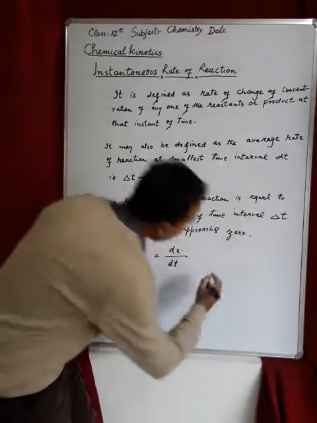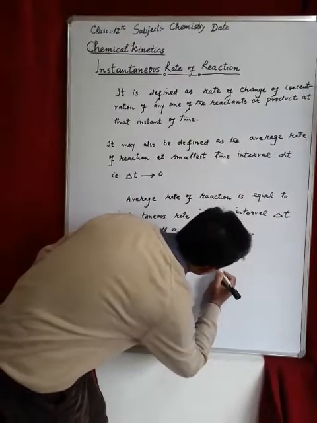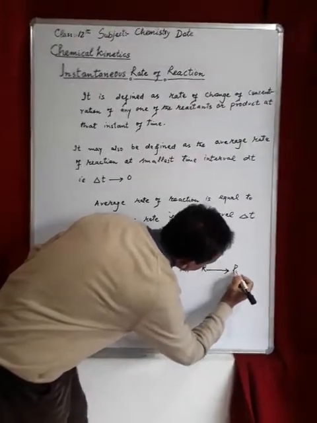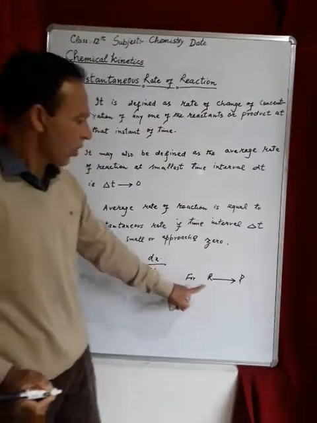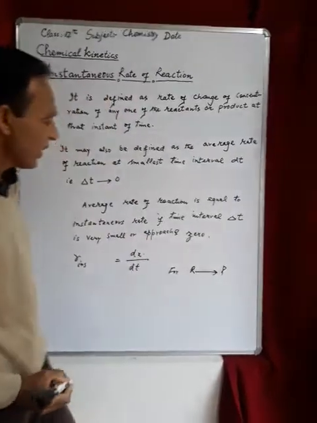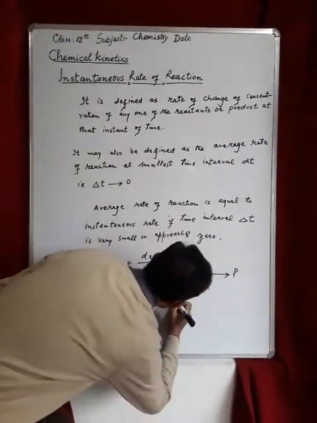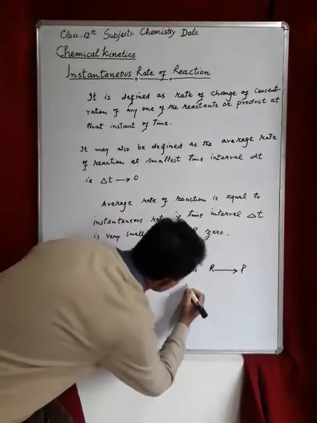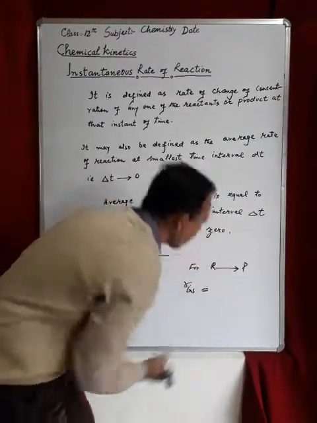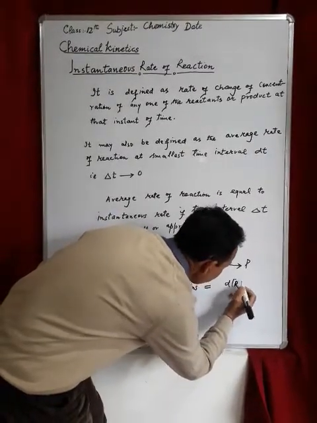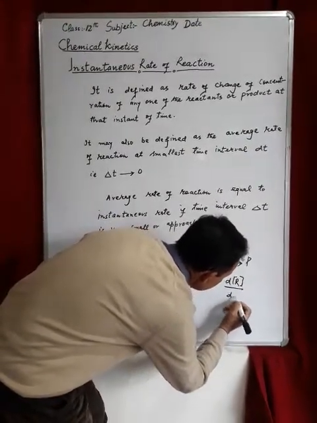Or for a reaction where the reactant gives the product, we write the instantaneous rate equal to minus dR divided by dt.